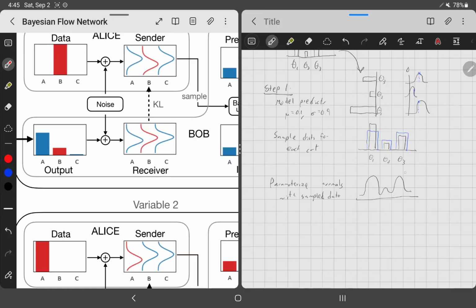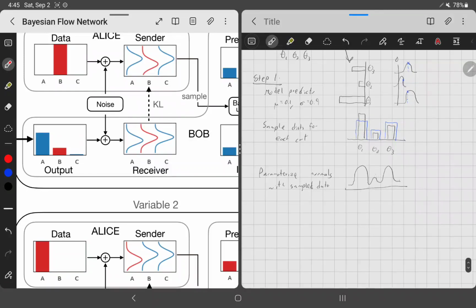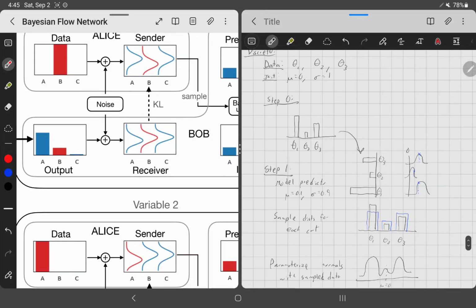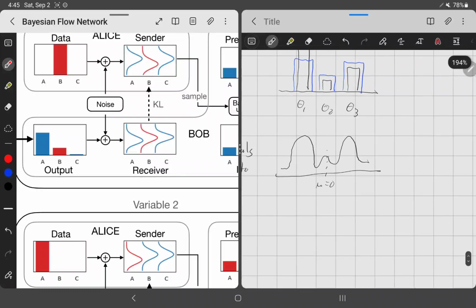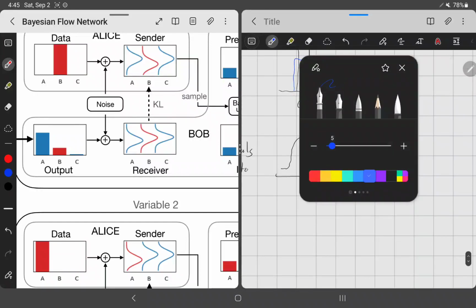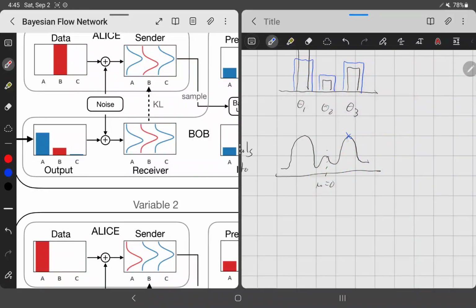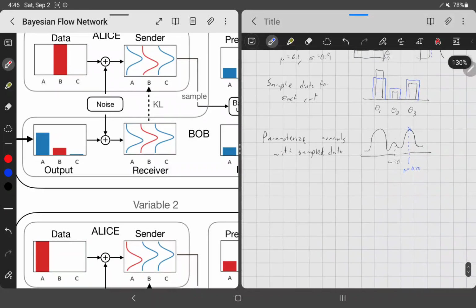So that's kind of theta 1, that's theta 3, and that's theta 2. Now our mean used to be 0. Now we sample it. Say we sample it and we get something here. So we sample it and our mean is equal to 0.75, something like that.